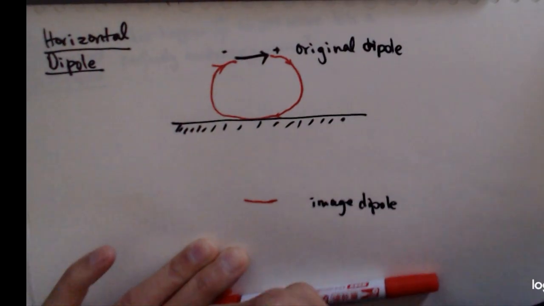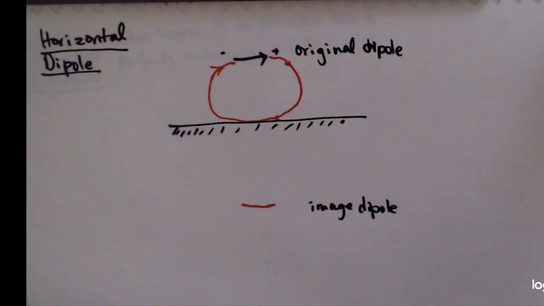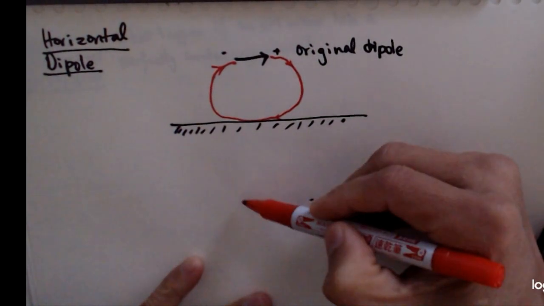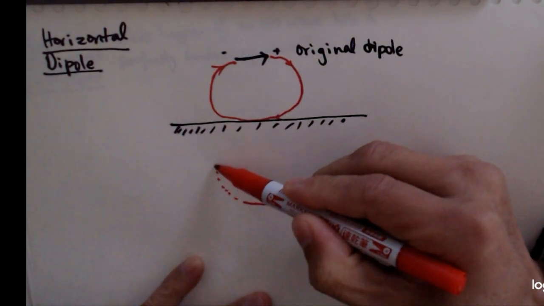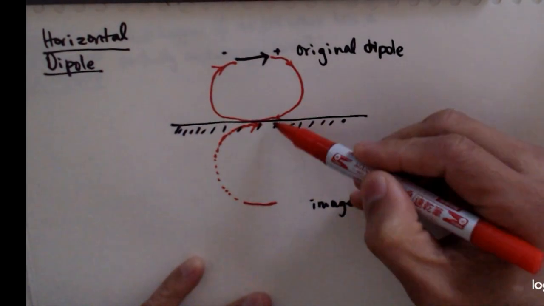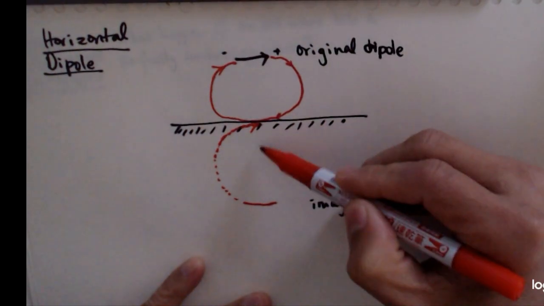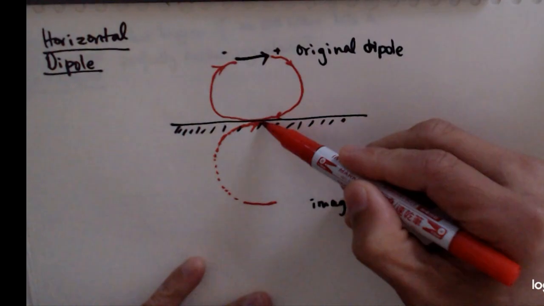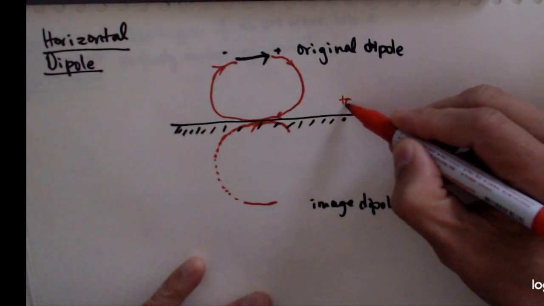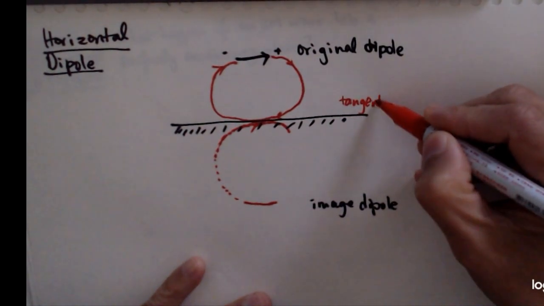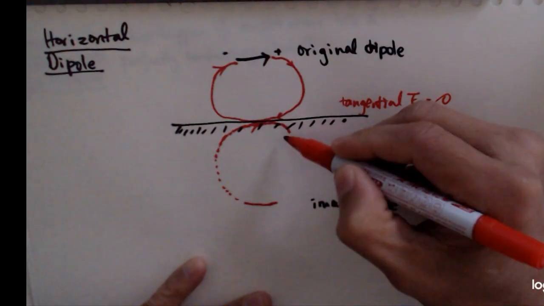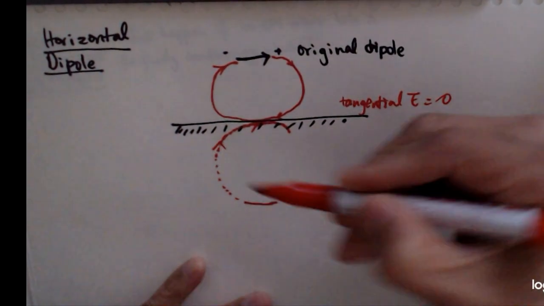In this case, the electric field from the image dipole should be created in such a way that it cancels off the electric field from the original dipole, and this is the only way that makes tangential electric field zero. So in this case, the dipole must be pointing in this way.